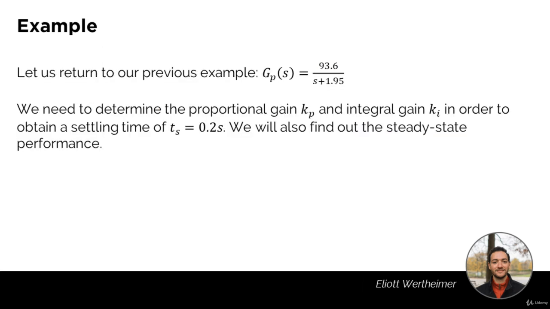Let us return to our previous example where the plant transfer function Gp(s) is equal to 93.6 divided by s plus 1.95. We need to determine the proportional gain Kp and the integral gain Ki in order to obtain a settling time of Ts equals 0.2 seconds. We will also find out the steady state performance of the system.